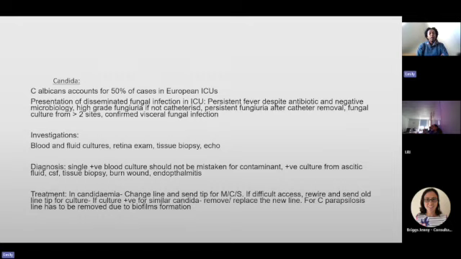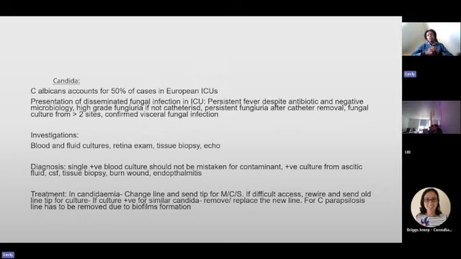However, I will say the diagnosis usually is if you've had a patient who's had a blood culture that is positive for Candida, then you should not think of it as a contaminant. It's likely to be candidemia that patient has.